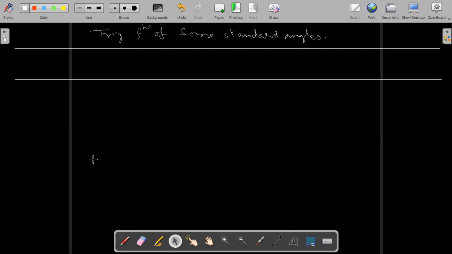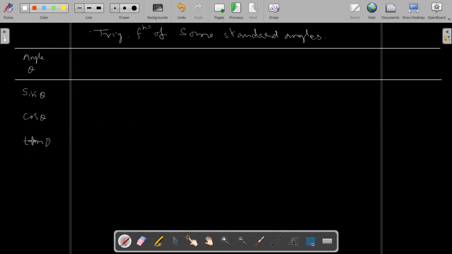Here we will write angle theta, that is, the angle we are considering. Then here we will have sine theta, then cos theta, then tan theta.